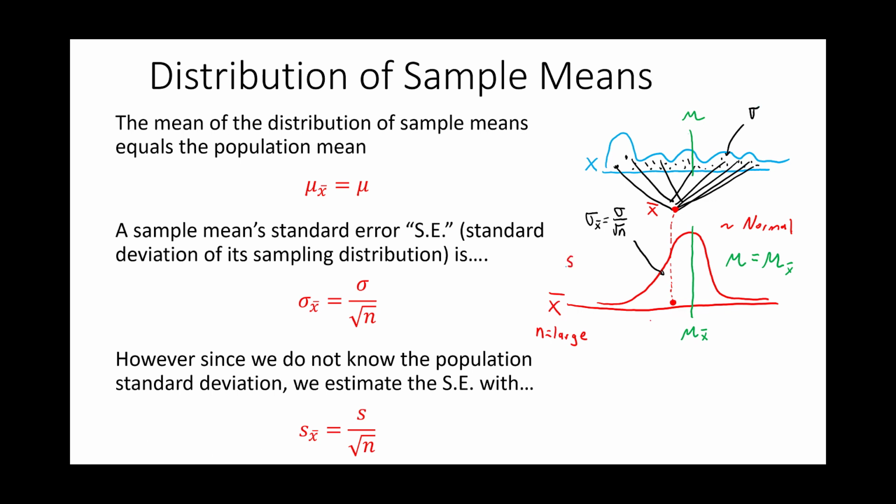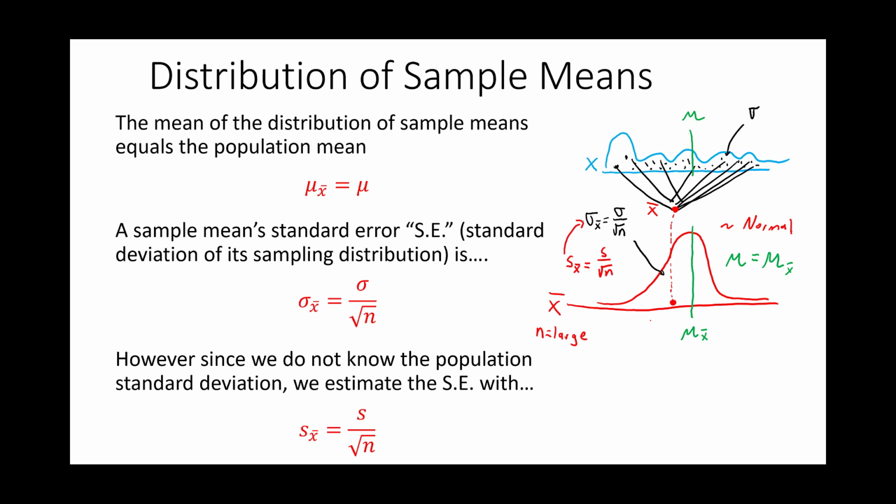However, we typically don't know our population standard deviation. The only way we would know that is if we had every single observation in our population. And we're going to use our sample standard deviation to estimate our population standard deviation, or we're going to use our sample standard error to estimate our population standard error.